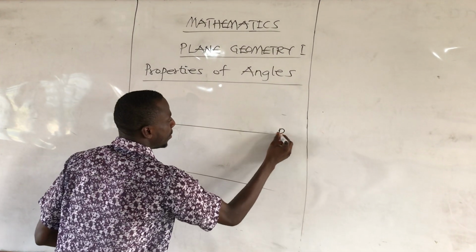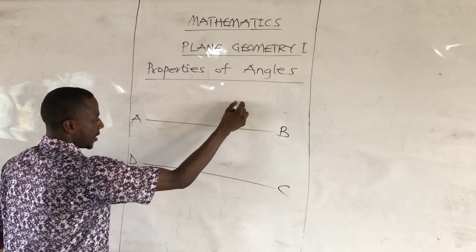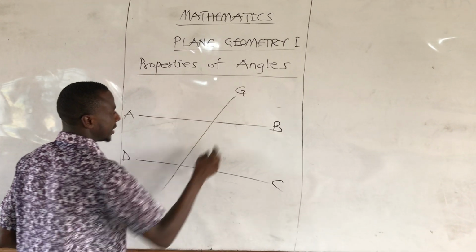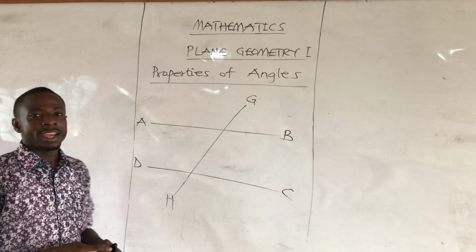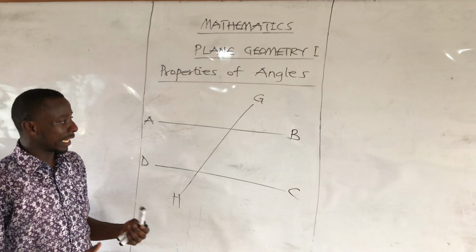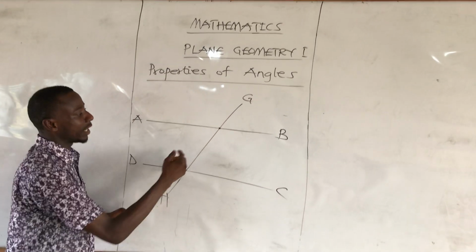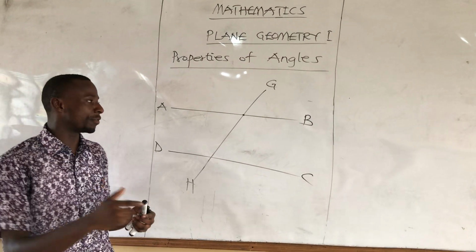So we have line AB. Let's name this one line CD. Then let's name this one line GH. In the previous video, we learned that anytime two lines meet at a point, an angle must be formed.